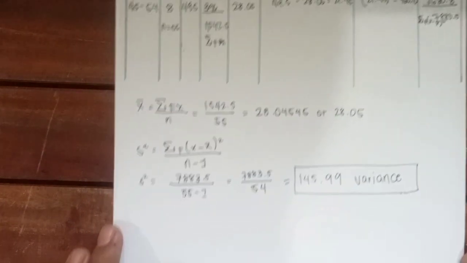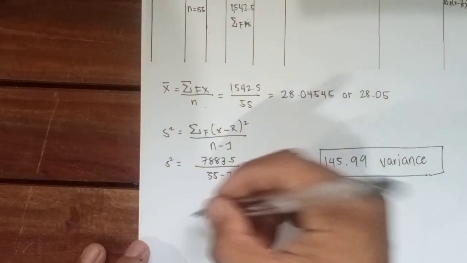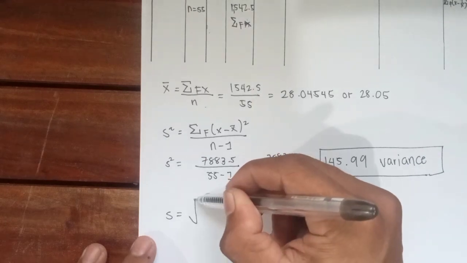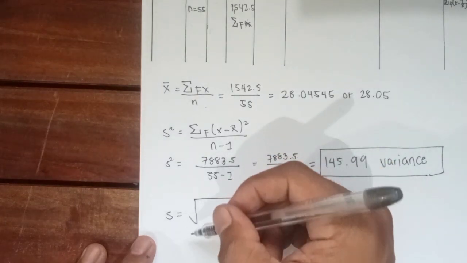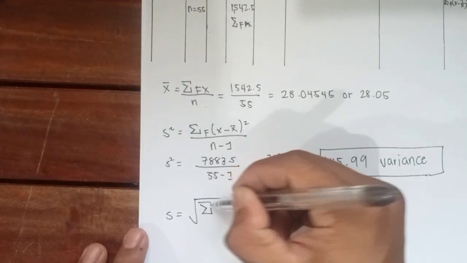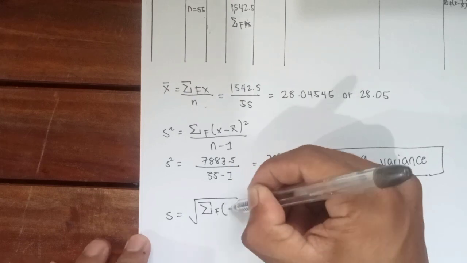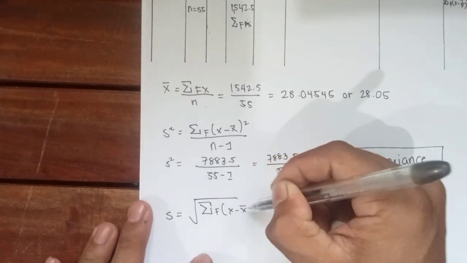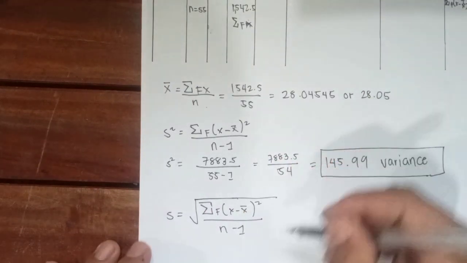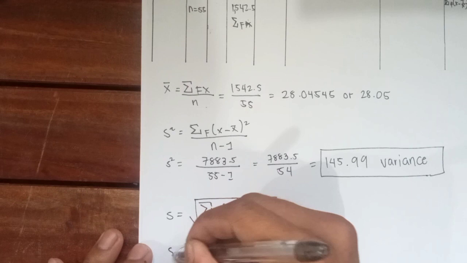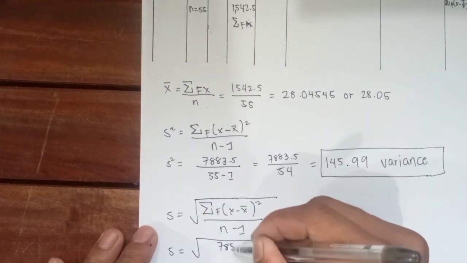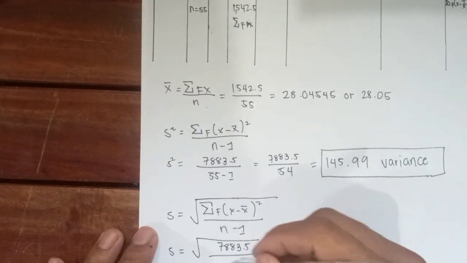So, ang next po natin is yung standard deviation. Standard deviation, the formula is the square root of the summation of f and the quantity of x minus mean squared over n minus 1. So, replace the value. S is equivalent to the square root of 7,883.5 over ang ating 54.